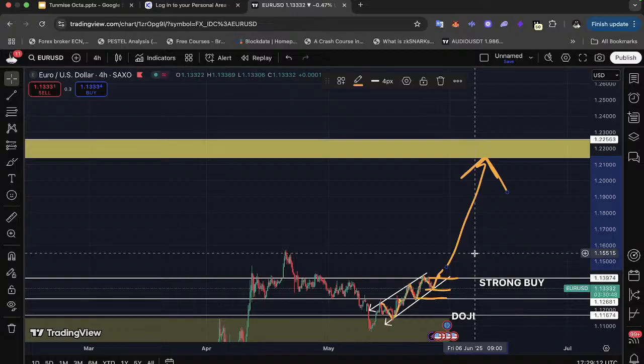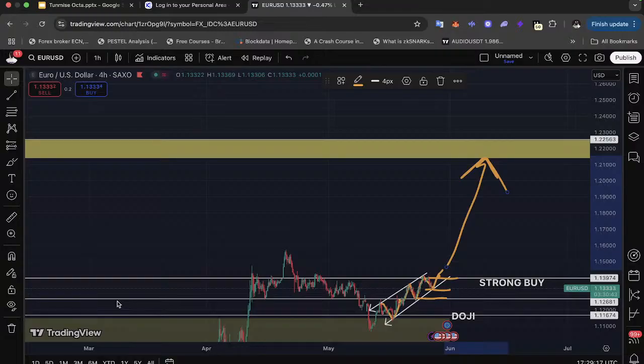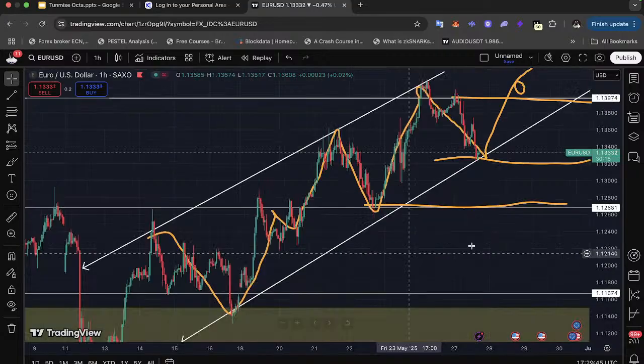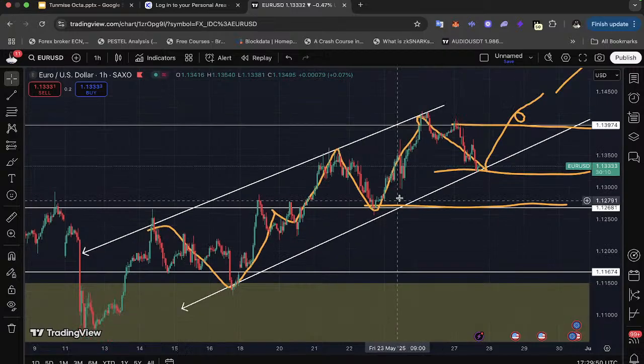If we go down to the 1 hour time frame, so let's see more clearly what price is doing here. All right, so we can see how price has been following this trend line, and then with the push up.